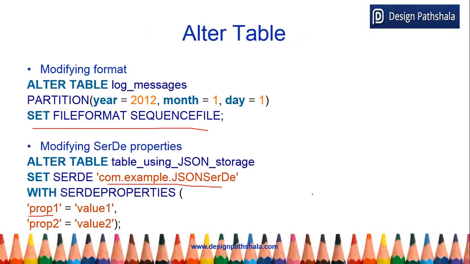So if the JSON file is something like this, prop1 and the corresponding value, and this is the start of a JSON, prop2 and the corresponding value. And I've created a table something like this.